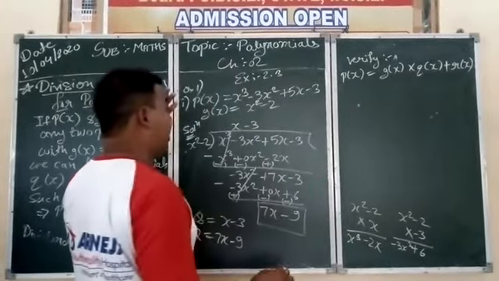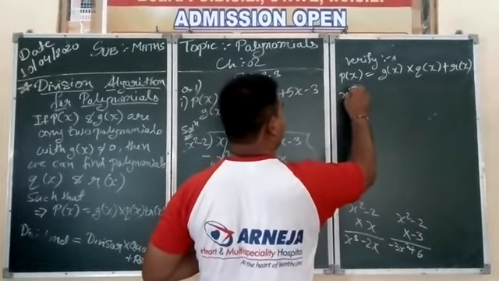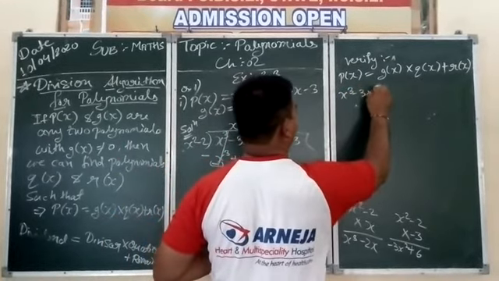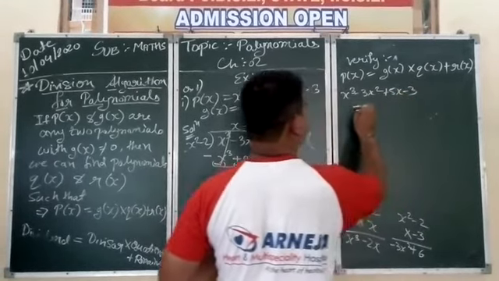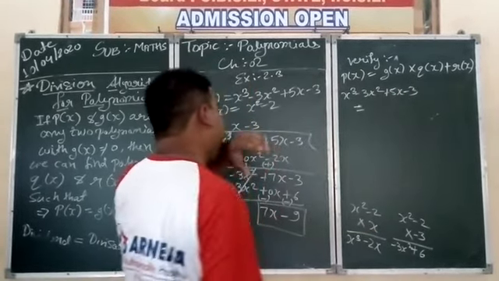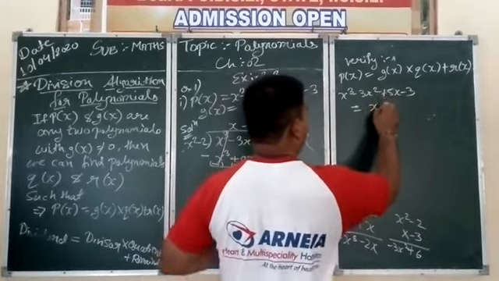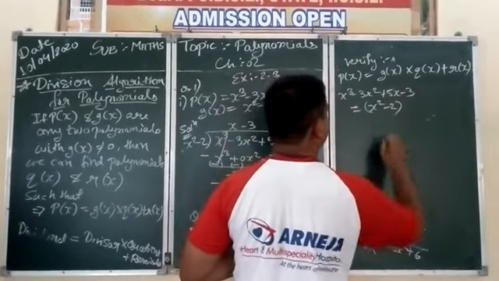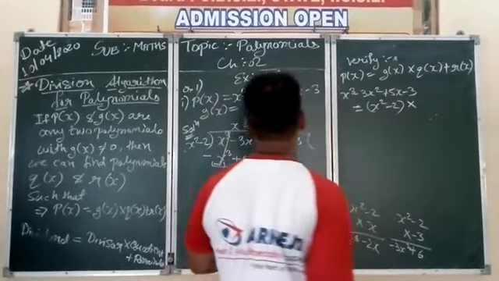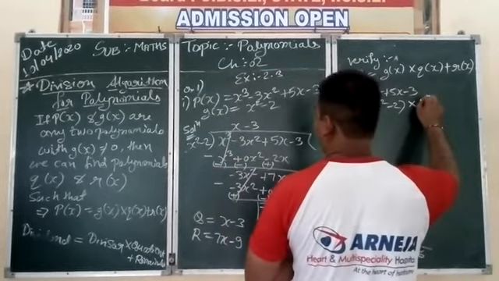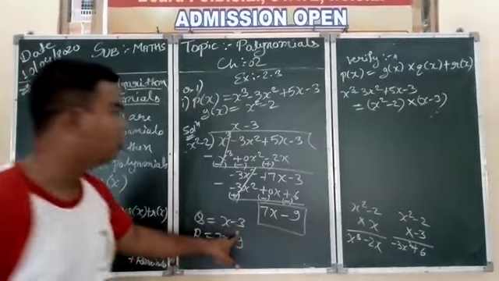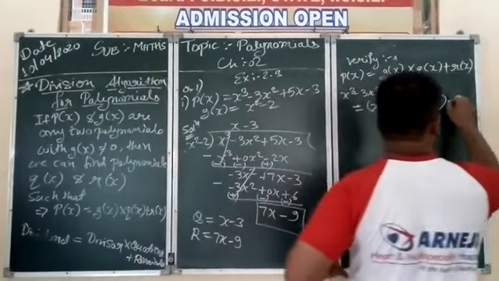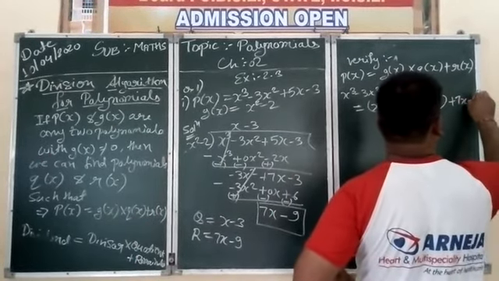P of x is already given: x cube minus 3x square plus 5x minus 3, and g of x is given, x square minus 2, into q of x, which is x minus 3, plus the remainder 7x minus 9.